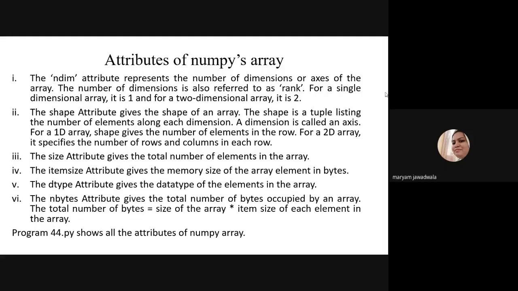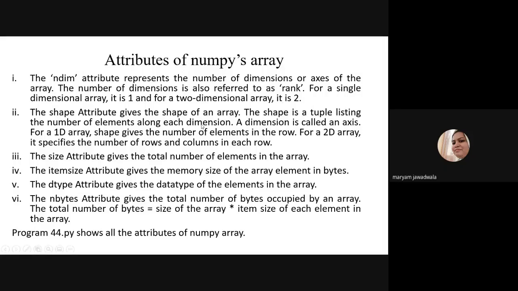And for a 2D array, it specifies the number of rows and the number of columns in each row, right? And for a 3D array, it will display the number of 2D arrays, the number of rows in each 2D array, and the number of columns in each row.